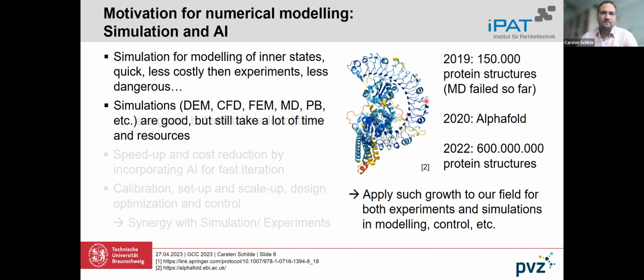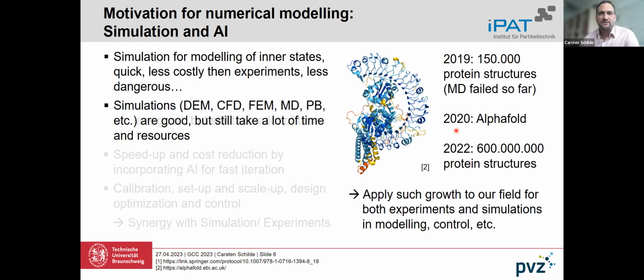And afterwards, they started to use these simulations and structures to train AI machine learning methods, developing this AlphaFold method for protein structures. And after this development, in the last 2 years, we are coming up with 600 million protein structures, starting from these 150,000 structures in 2019. That's a huge impact, a huge and very fast progress.